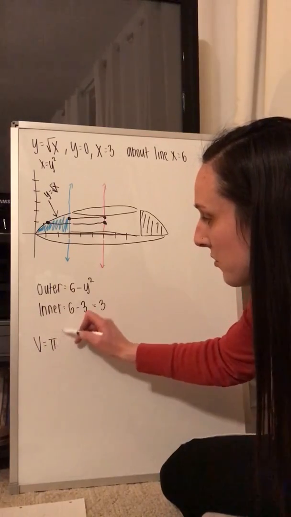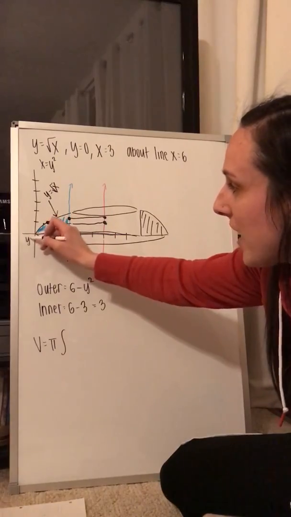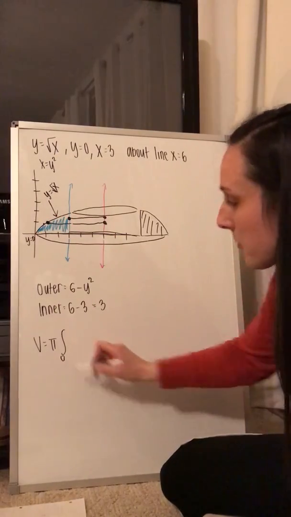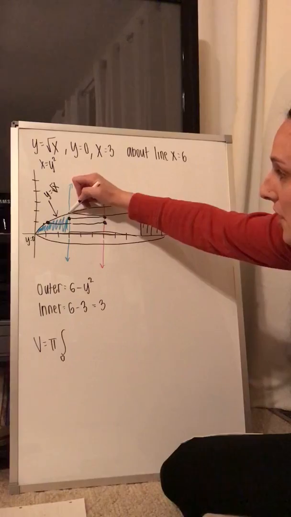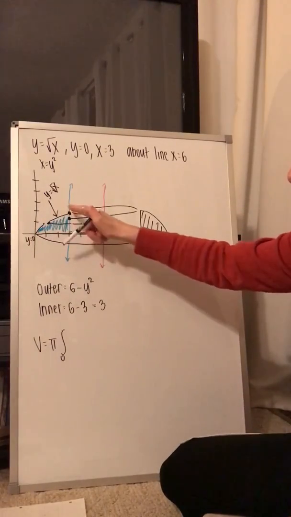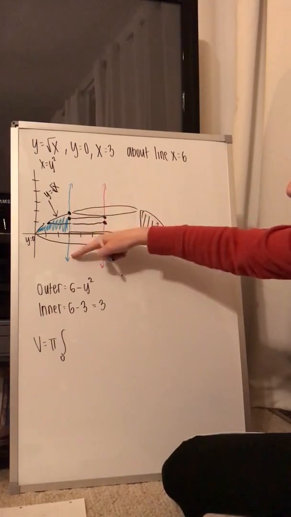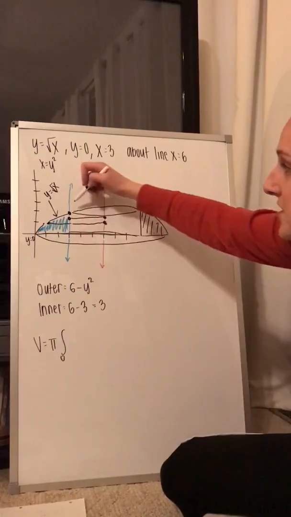So V equals pi times the integral. Here we started at the y value of 0. But up here, this is where our limit of integration is going to be, since that's where our curve extended to. We know that this curve is y is equal to the square root of x. And here we know that our x value is 3.